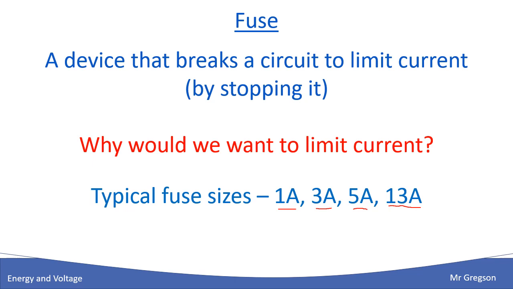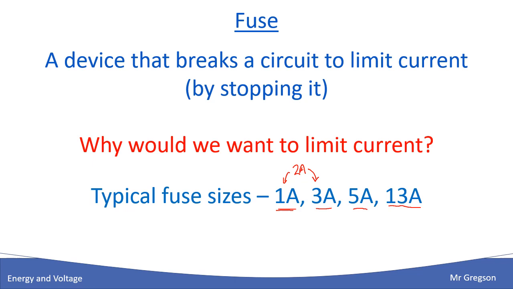Things like a phone charger might be 1 amp. Now, let's say you've got a device that draws 2 amps. If you put a 1 amp fuse in, it would blow, because it's more than 1 amp. So you straight away want to put a 3 amp fuse in.